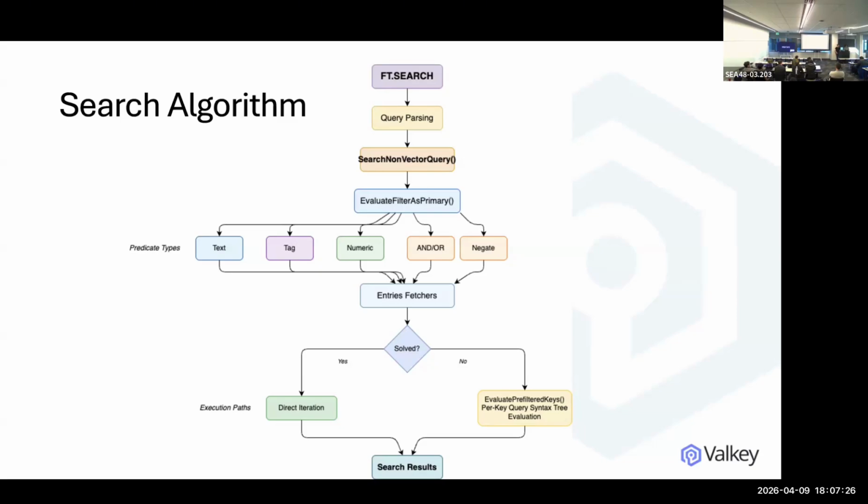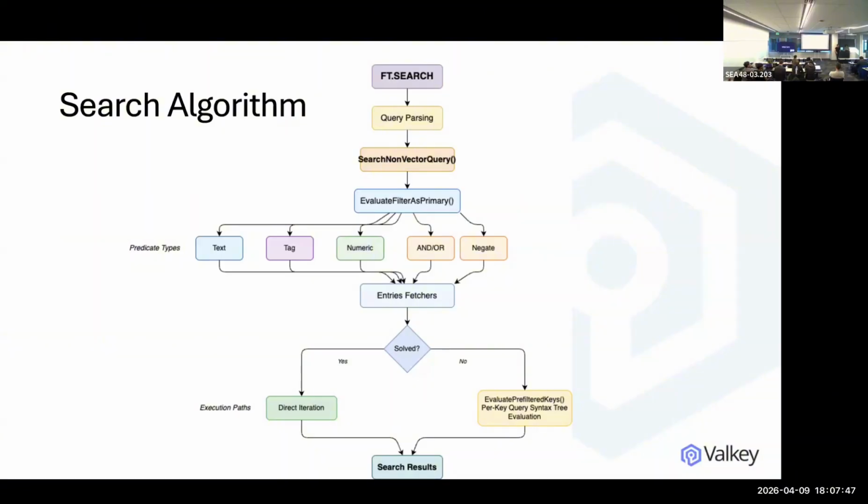Through this, we generate entries fetchers, which are used for generating a list of keys that match that particular search. We also have logic to limit the number of results that are found, and this can be configured.